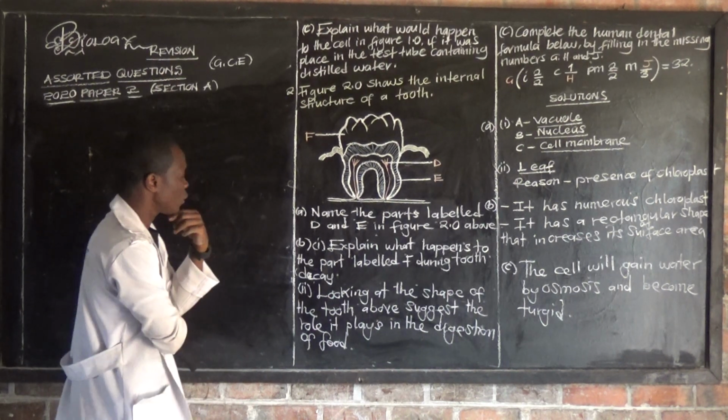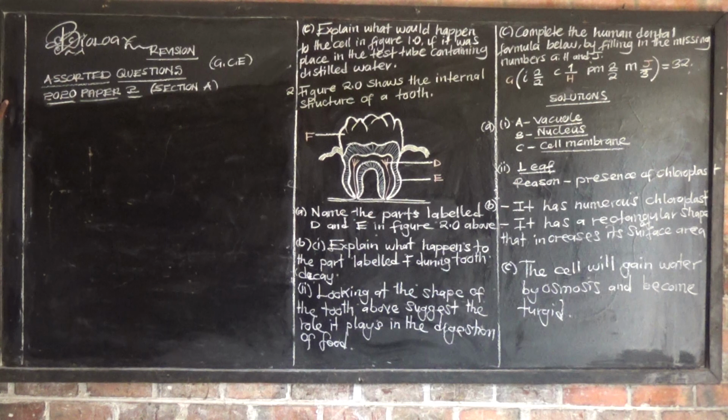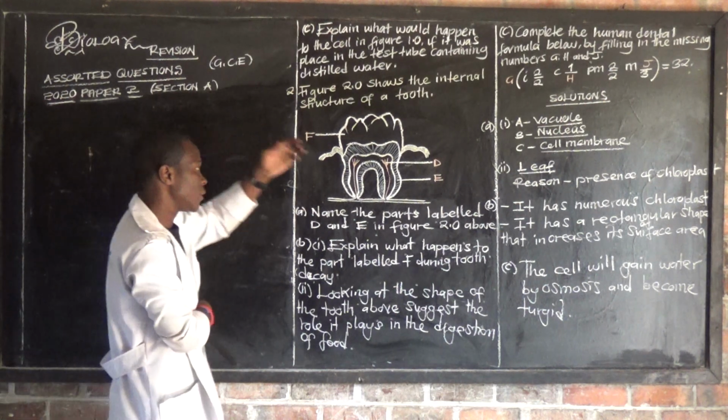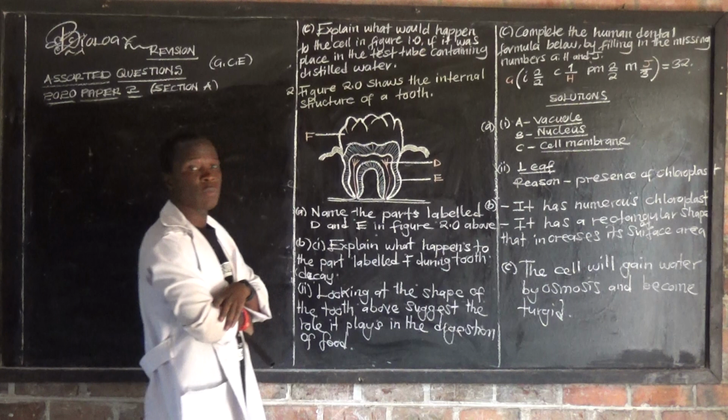Then, question A. It's saying, name the parts labeled D and E. They want us to identify these parts. Are we moving together?